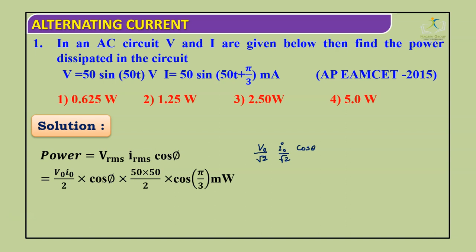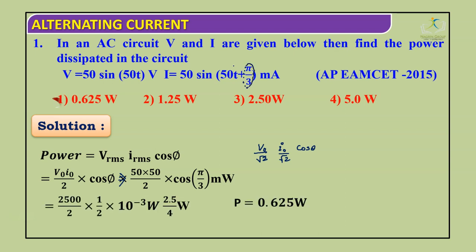We just put the value of each factor, V naught 50, I naught 50, by 2 into cos phi. The phase difference, as you can see here, is given as pi by 3. So I'll put this value over there and get the result P is equal to 0.625 watt. According to this, the correct option for this question is 1.